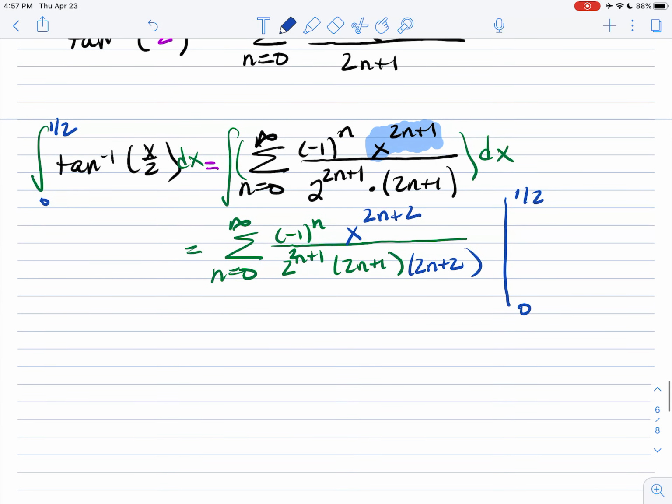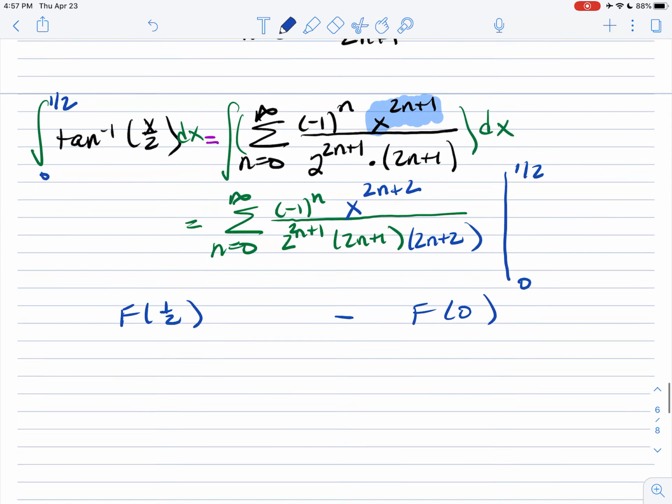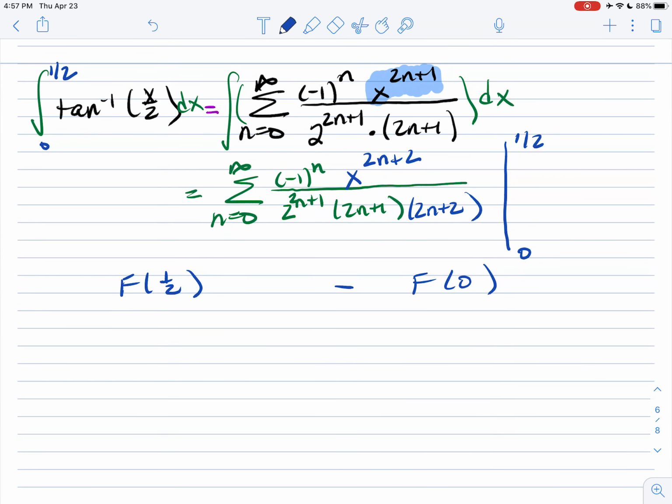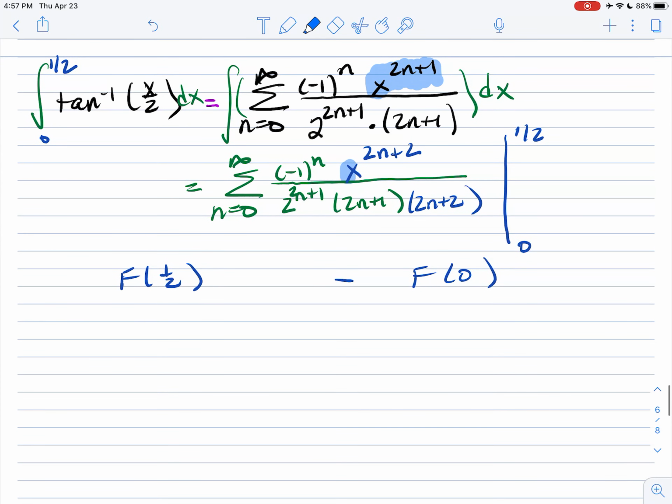So here I go using the fundamental theorem of calculus. Wherever I have x, I'm going to do my big F of 1/2, take away my F of 0, and for my F of 1/2, wherever x appears, I'm going to substitute that 1/2.